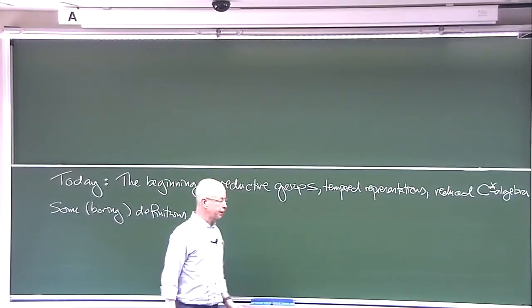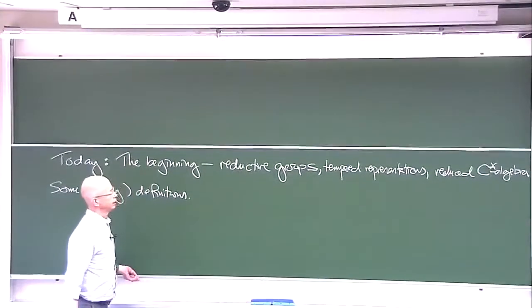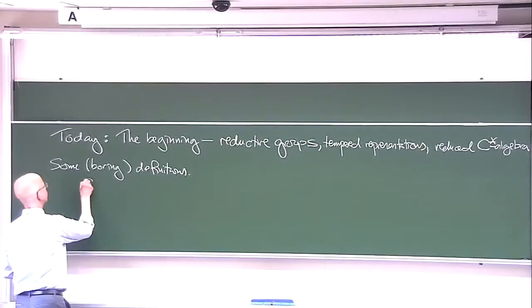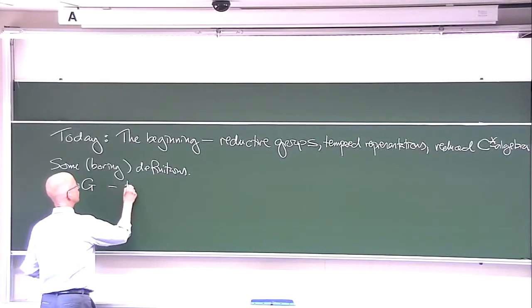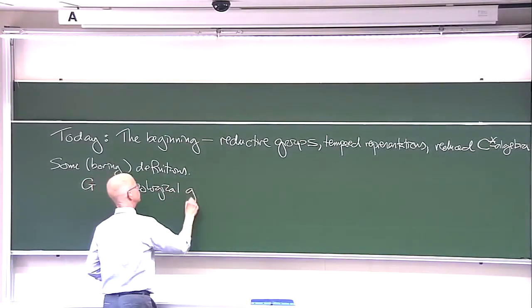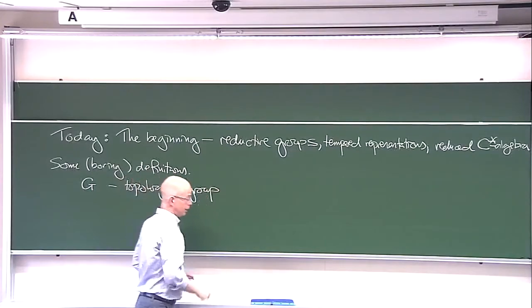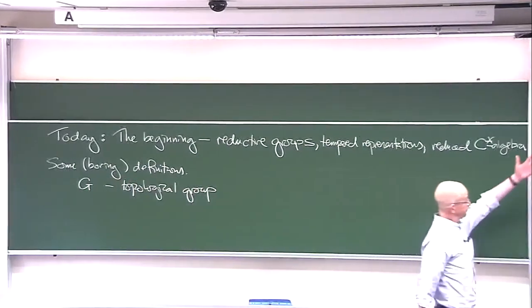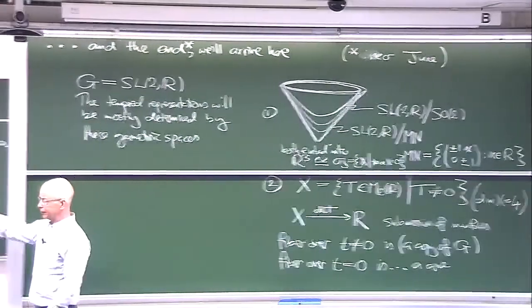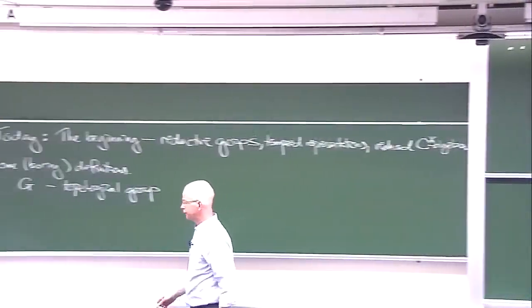And then hopefully we'll get more interesting in a little while. Eventually, I want to consider specific groups which have some interesting geometry like these ones here. But to begin with, suppose we use just any topological group.